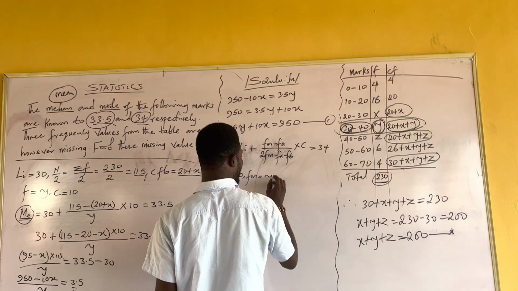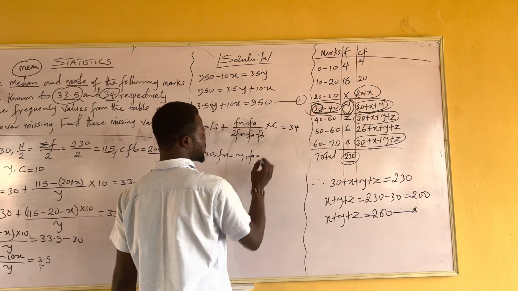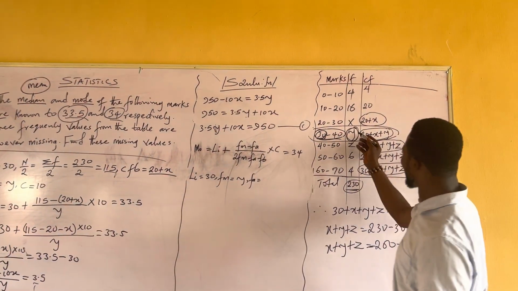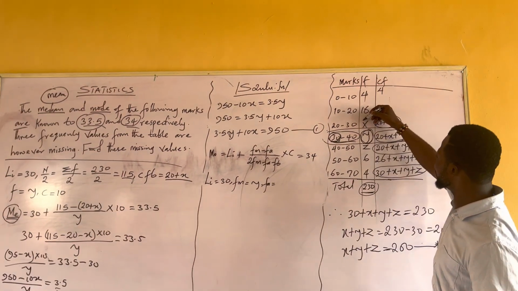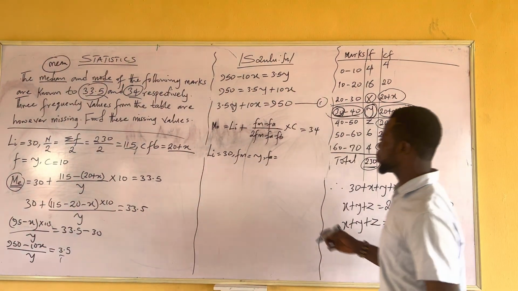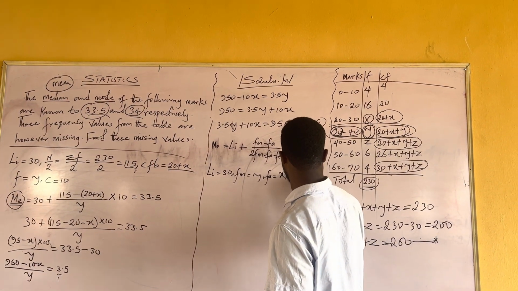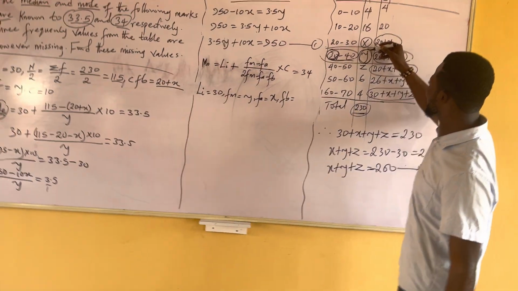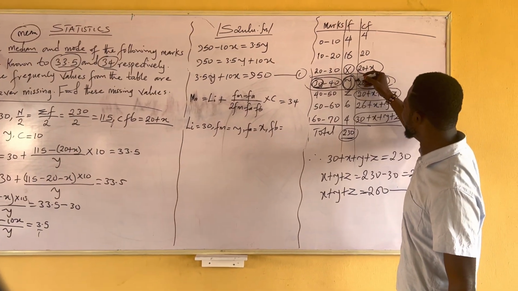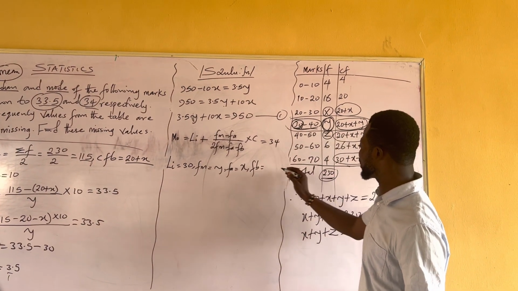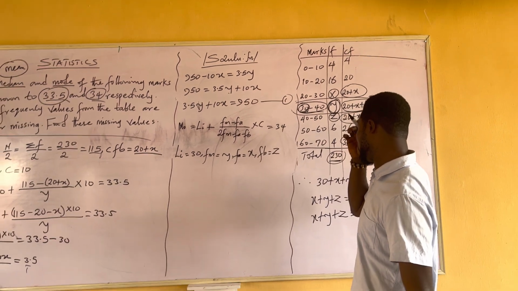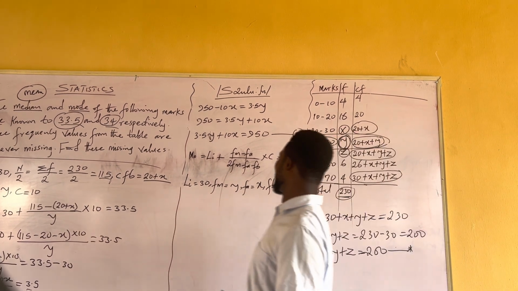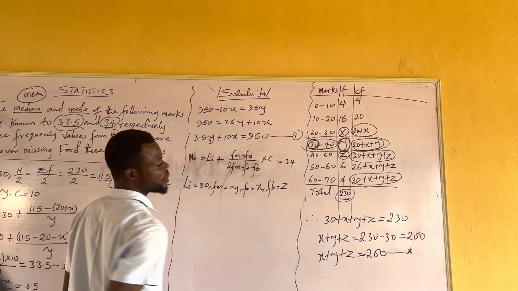Fa stands for the frequency above the modal class, which is x. And Fb, frequency below the modal class, is z. Our C is 10.